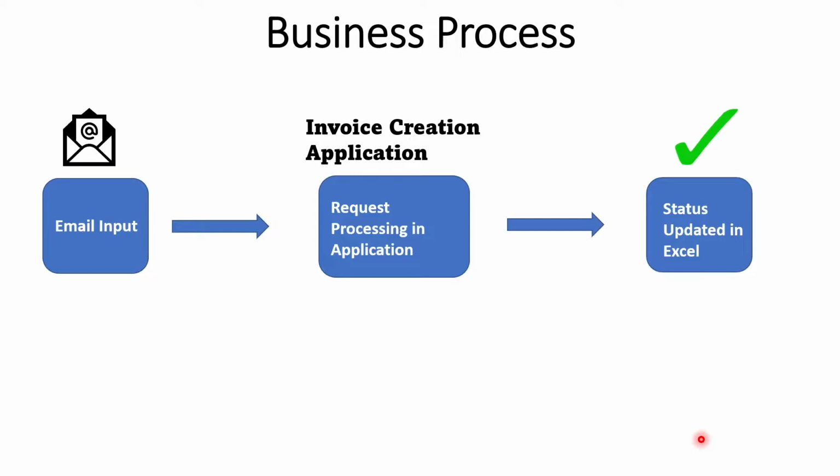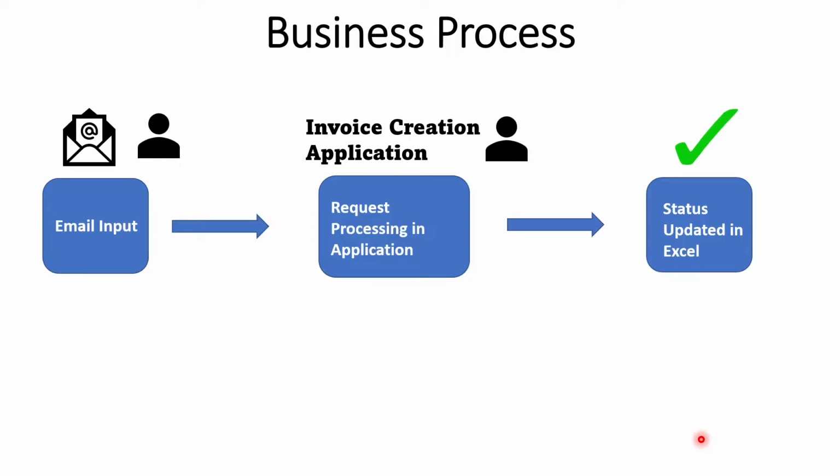The first activity is reading email input. A user will read the invoice input data from the email. Then he will go into the invoice creation application and insert that data and submit. That in turn will generate an invoice number.